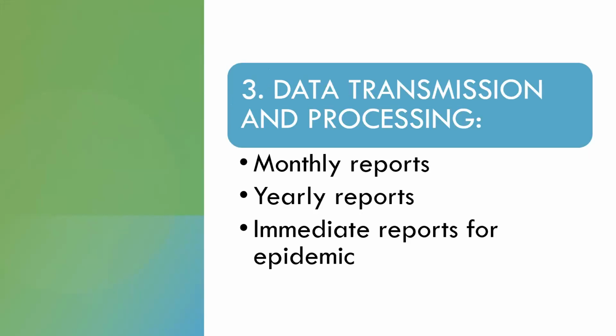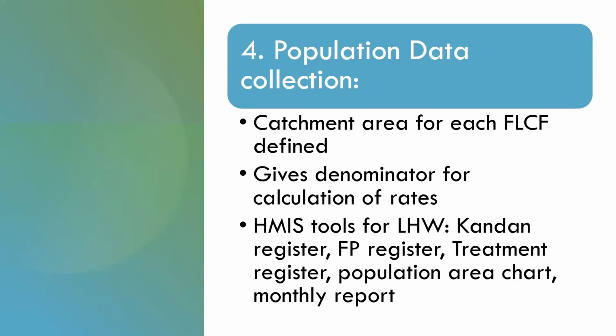For data transmission and processing, mostly monthly reports are used, yearly reports are used, or immediate reporting is used in case of an epidemic. For the population data collection, the catchment area at the first level care facilities is defined, and the data that is collected from this first level care facility gives the denominator for calculation of the rates.